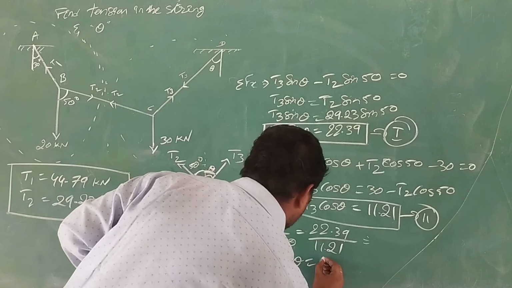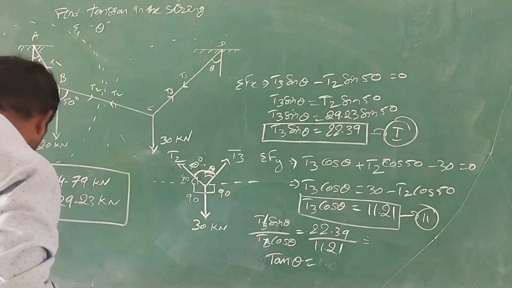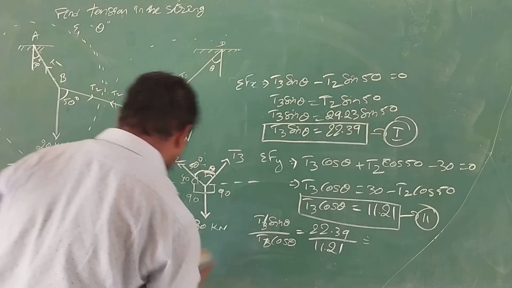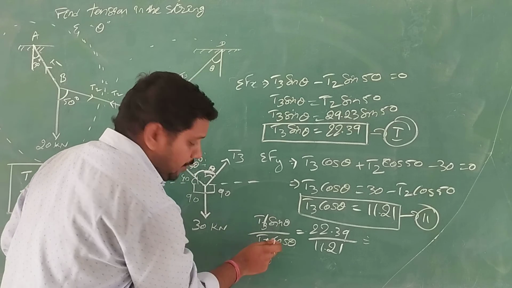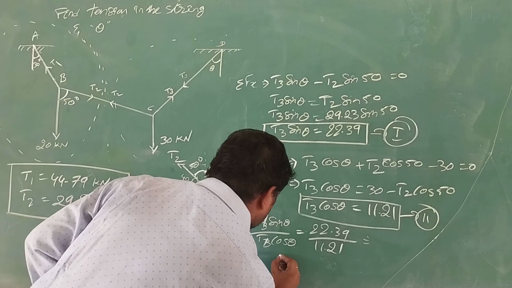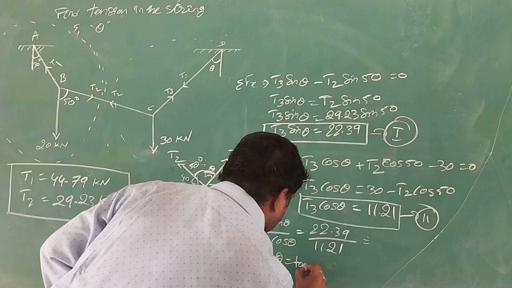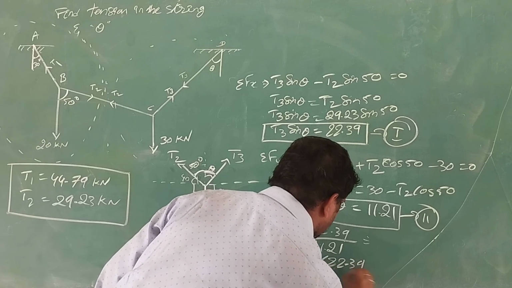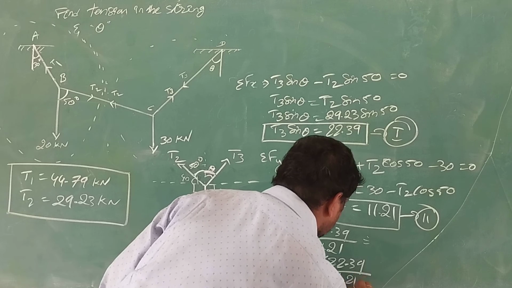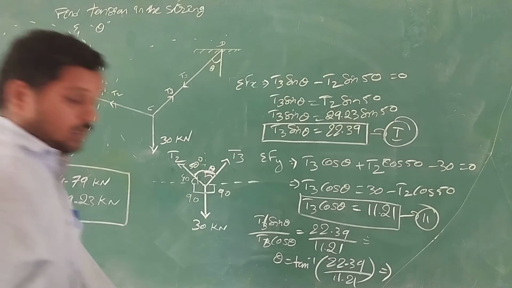Because sin by cos is equal to tan. So theta is equal to tan inverse of 22.39 by 11.21. How much answer? Check the answer.